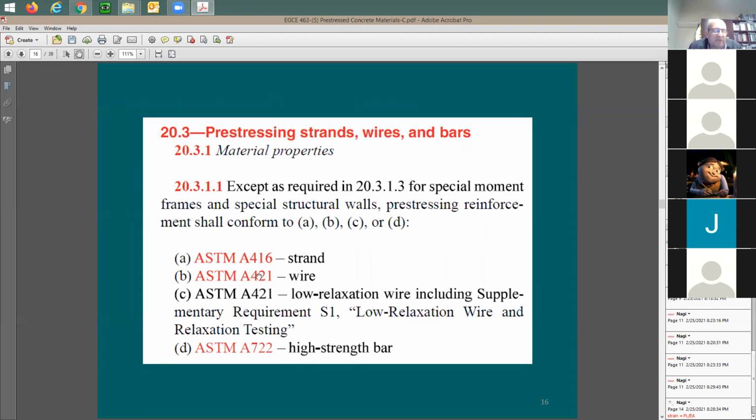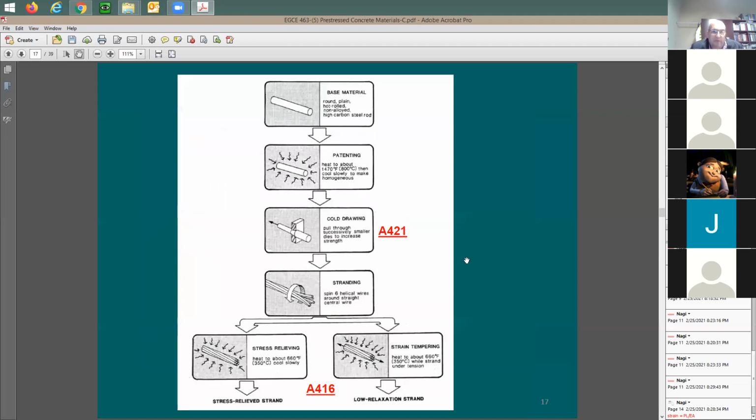So what you do here, you take the 421, you put a bunch together, like 7 wires, and then you twist them, and then you make the 416. The higher strength bar is going to be called A722. We're not going to be using this. We're not going to be using the 421, but usually in our analysis and our design, we're going to be using the 416. Okay, good.